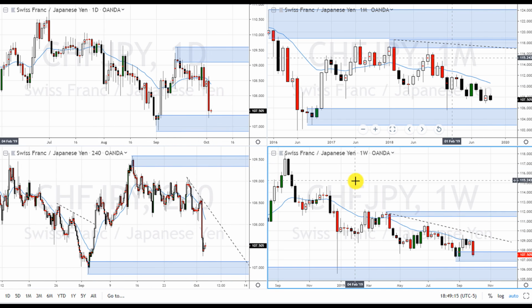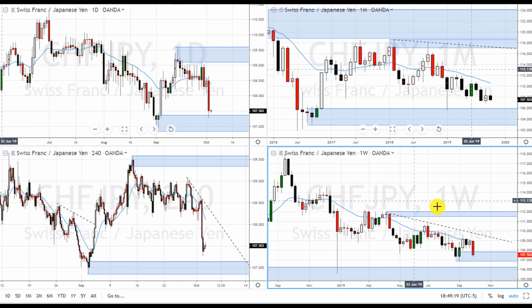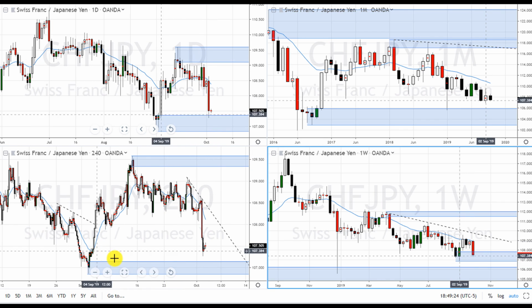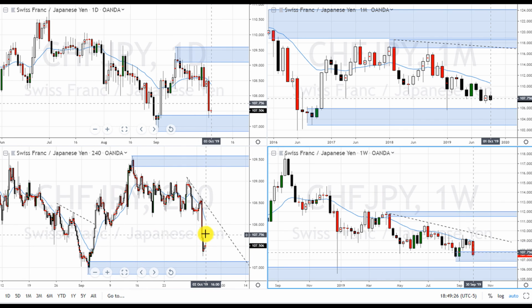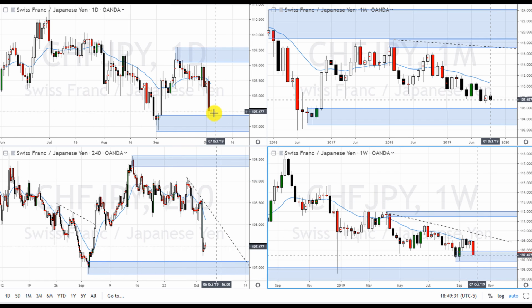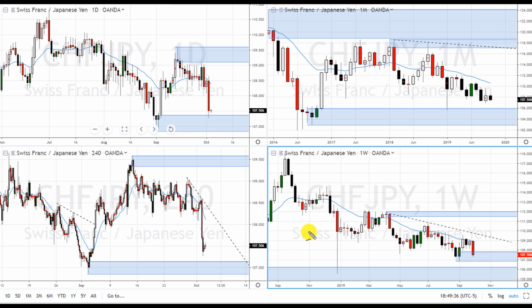If you are a weekly, daily, 4-hour trader, swing trading the 4-hour charts, weekly is in a downtrend and daily is consolidating, so you can go long here and maybe just take half the pips and manage your trade wisely. Otherwise, wait for price to drop to this area, make higher highs, and then buy the pullback. Okay, so that is the analysis on Swiss franc versus Japanese yen.